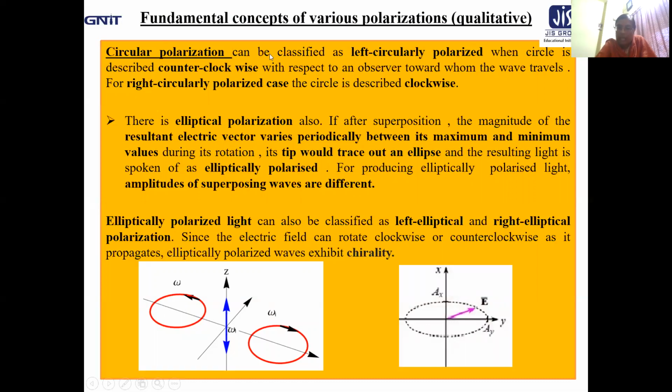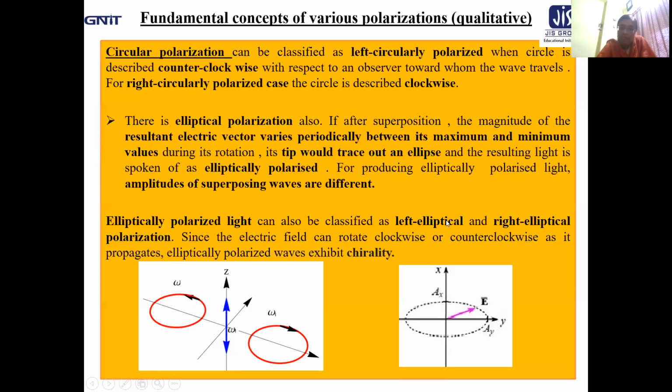And definitely for elliptically polarized light, the amplitudes of the superposing waves are different. In case of circular polarization, it was the same, but for elliptic polarization, the amplitudes of the superposing waves are different. Elliptically polarized light can also be classified as left elliptical and right elliptical polarization, just in the same line as circularly polarized light.